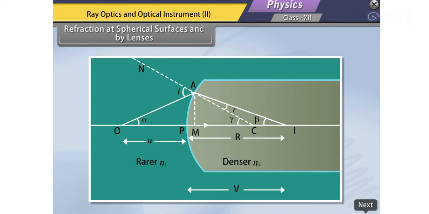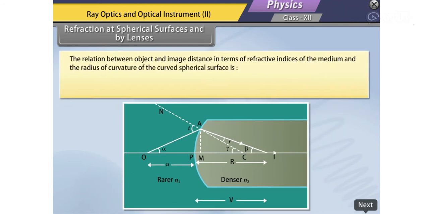The two refracted rays meet at I, which is the real image of point object O. The relation between object and image distance in terms of refractive indices of the medium and the radius of curvature of the curved spherical surface is n2/v - n1/u = (n2 - n1)/R.